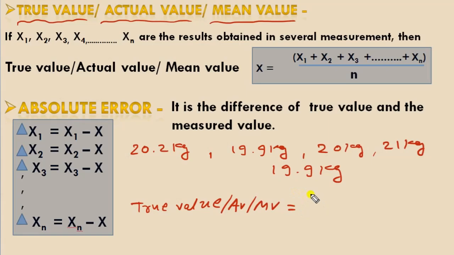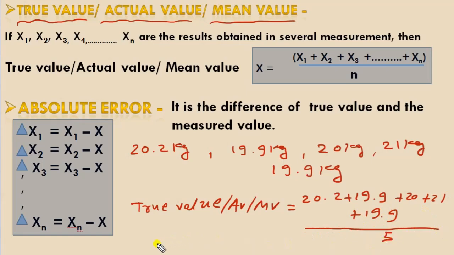It would be equal to the sum of all your measurements, 20.2 plus 19.9 plus 20 plus 21 plus 19.9, divided by the number of measurements, that is 5. It would be equal to 101 divided by 5, that is 20.2. This is the average of all your measurements and this is known as the true value of your measured quantity.